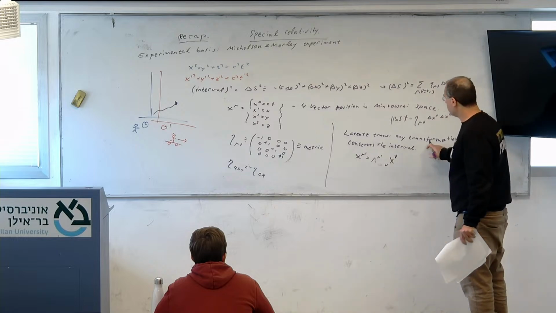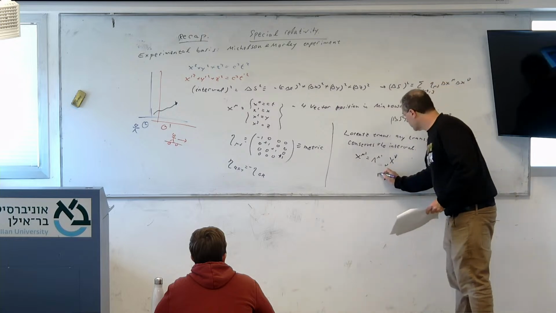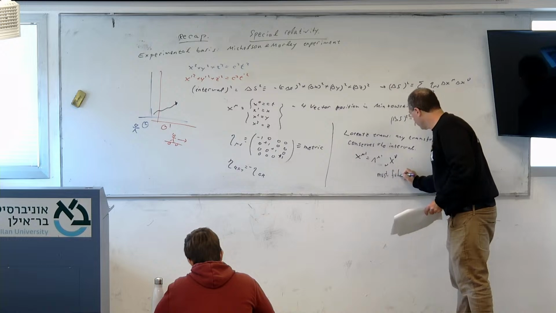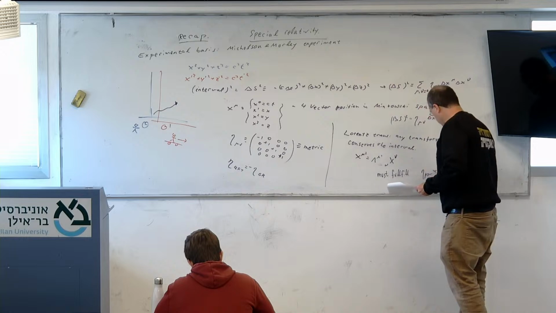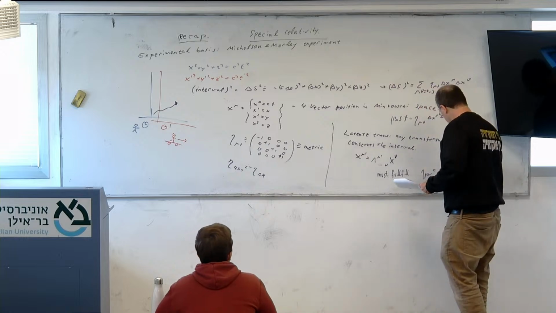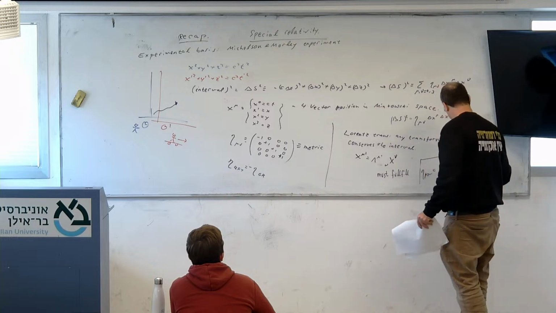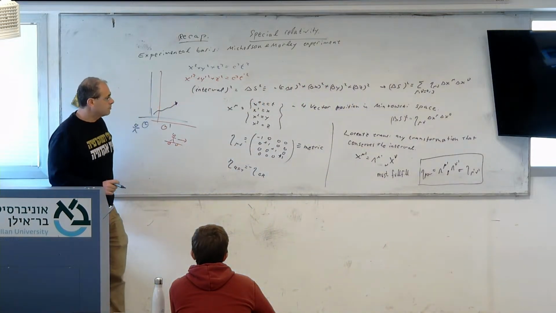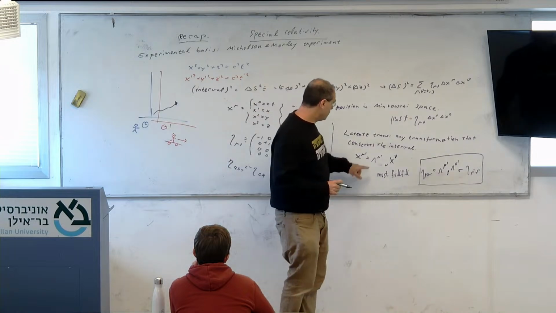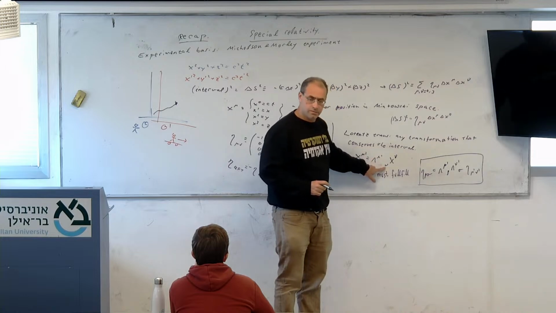The requirement that preserves the interval is that eta rho sigma is equal to lambda mu prime rho lambda nu prime sigma eta mu prime nu prime. Lambda has both an upper and a lower index, the upper index is first, the lower index is second.